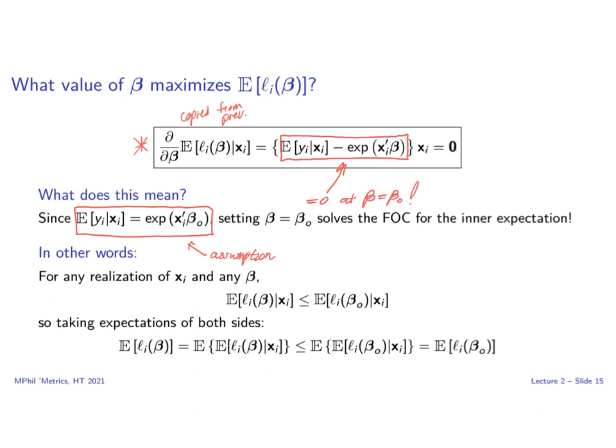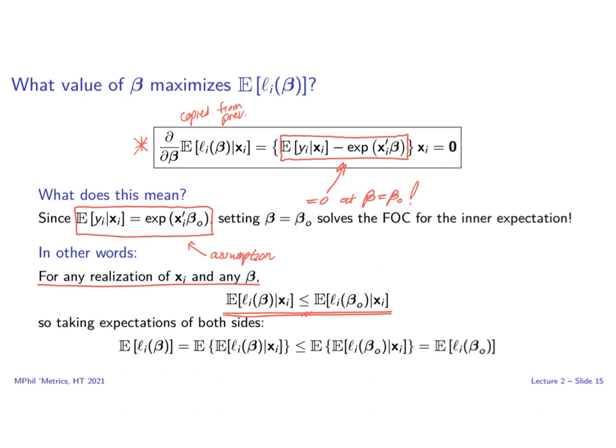In other words, beta naught turns out to be the parameter value that maximizes the expectation of the log likelihood given x. In other words, for any possible value that x could take on, for any realization of x, and for any possible value of this parameter vector beta, the conditional expectation of L of beta given x must be less than or equal to the conditional expectation of L of beta naught given x.